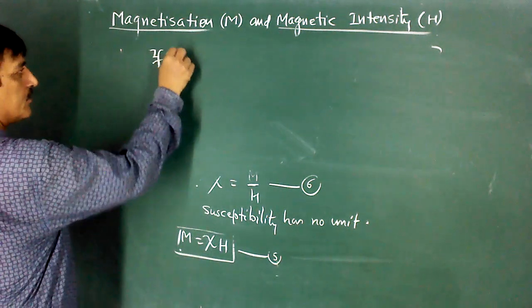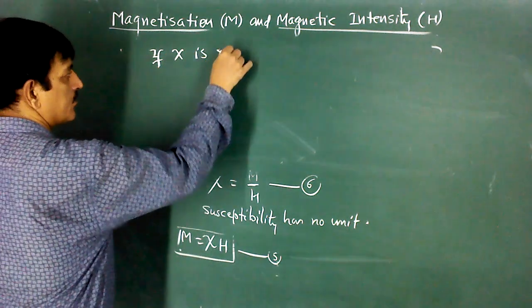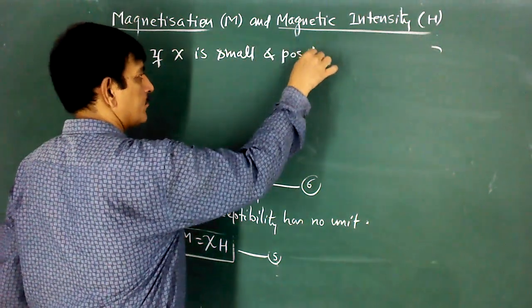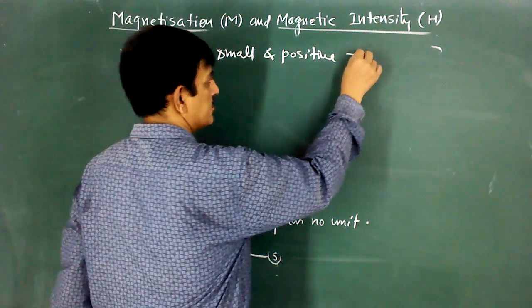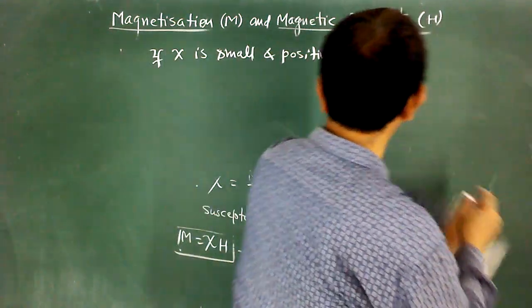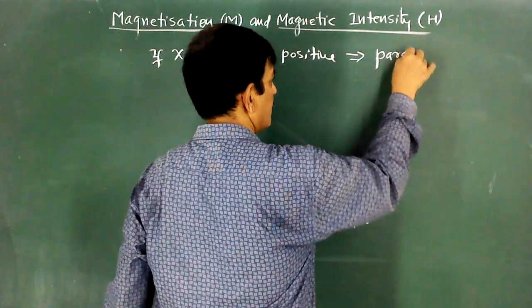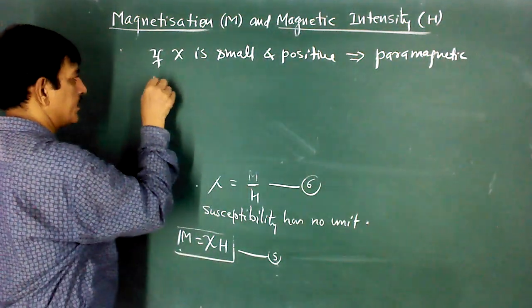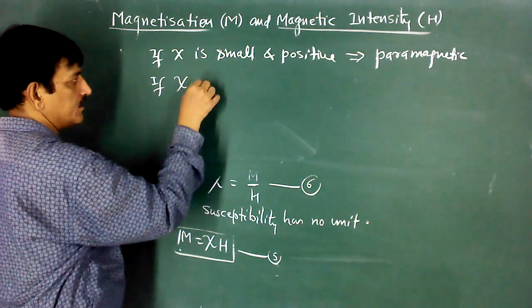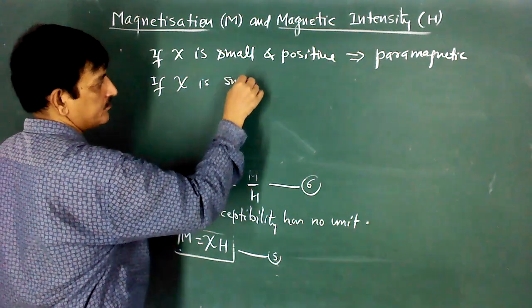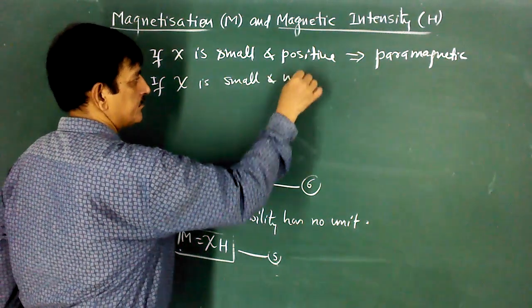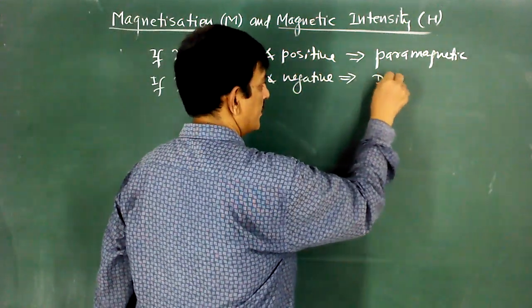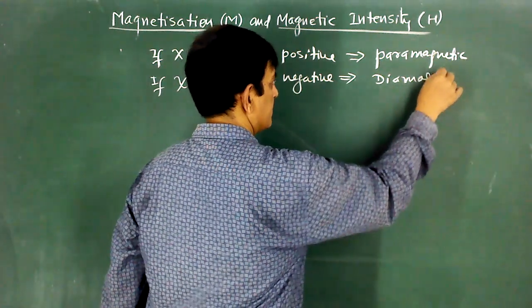So if the value of xi is small and positive, the material is paramagnetic. And if xi is small and negative, it is called diamagnetic.